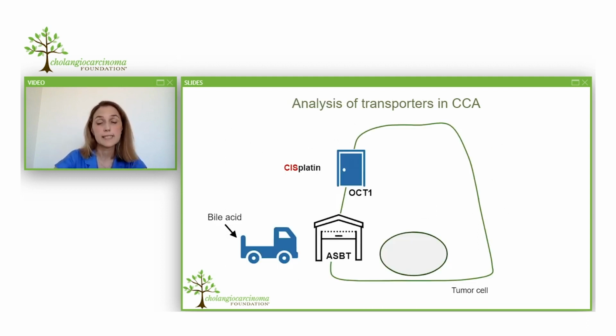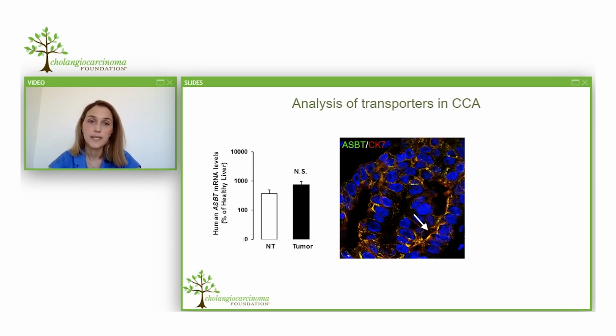Okay, these cholangiocarcinomas don't have OCT1, and this affects the activity of cisplatin, but we have seen that cholangiocarcinomas express other transport proteins. For instance, ASBT, a transporter that permits the uptake of bile acids, is present in cholangiocytes and it is also present in cholangiocarcinomas.